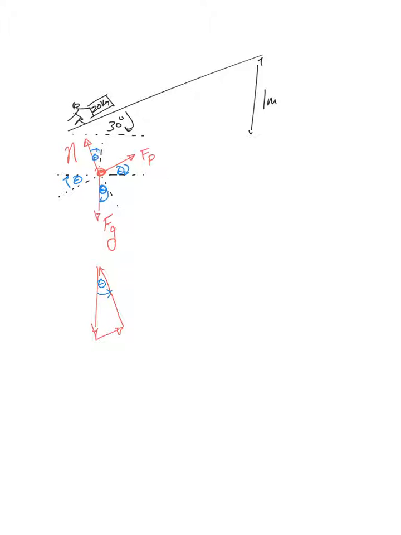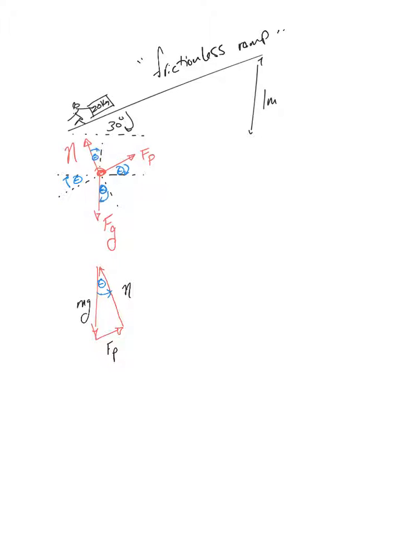And this force here is mg. This is force of the person, and this is my normal, right? And we were told, by the way, that this is a frictionless ramp, okay?